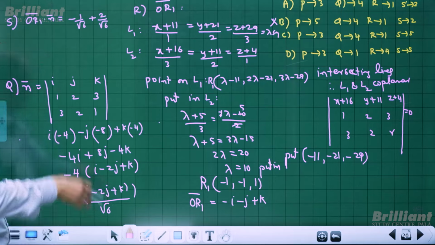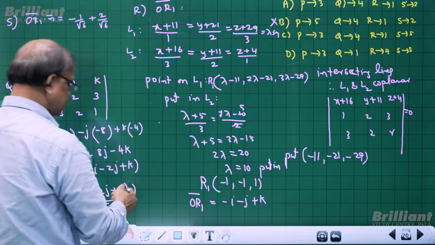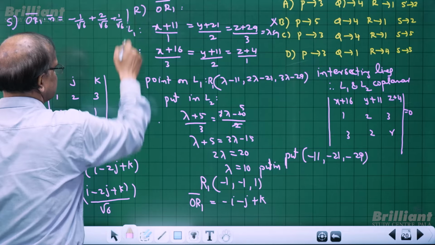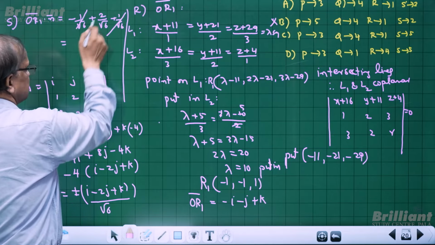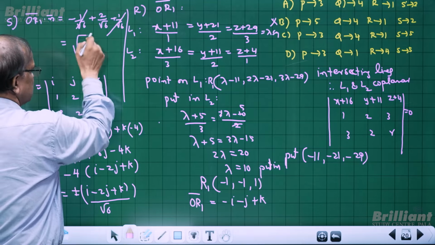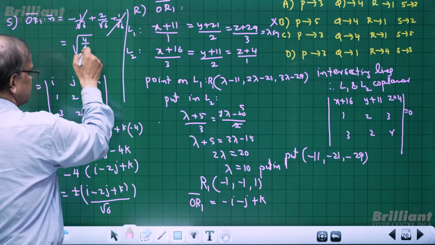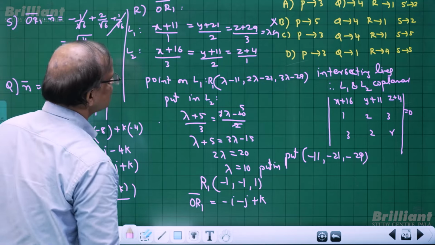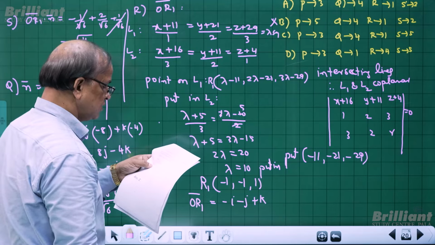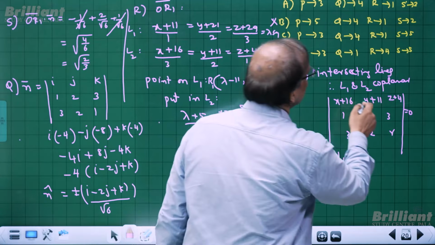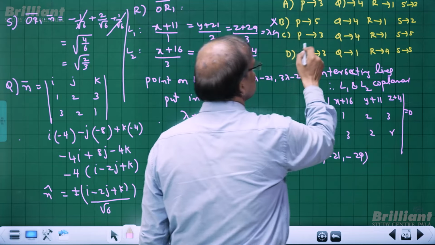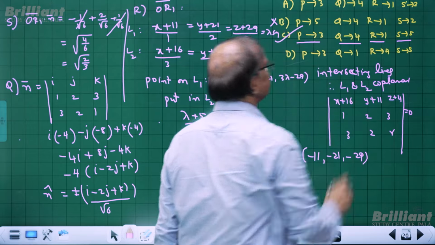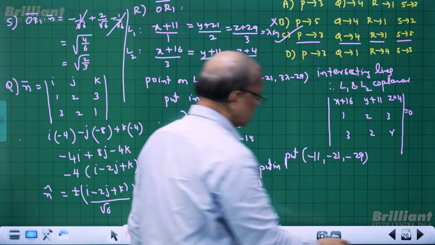I am taking plus n bar, and this is plus 1 by root 6, plus 1 by root 6, 1 by root 6 cut, this is 2 by root 6, means 4 by 6, that is 2 by 3. So, S is 5, and S5 is there in C. So, therefore, this is C.